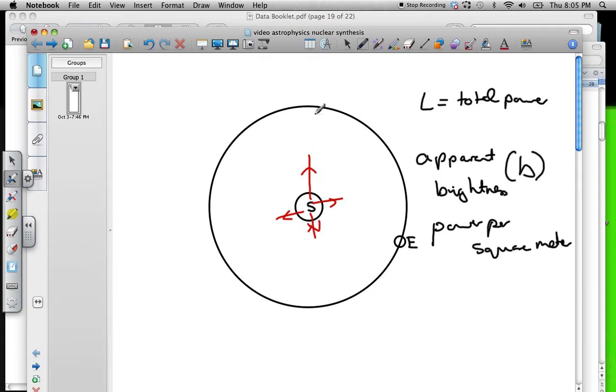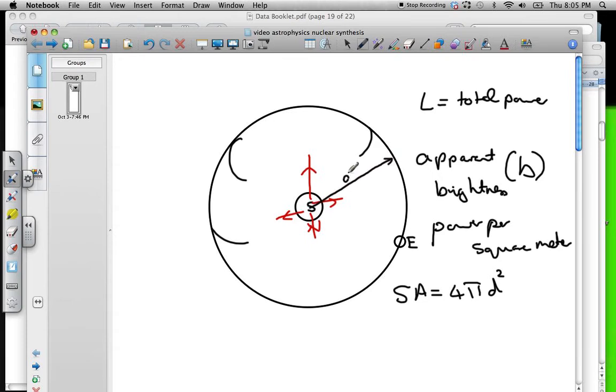Now if you think of this as a giant sphere, the total surface area of this whole sphere in 3 dimensions is given by 4 pi d squared, where d is the radius.